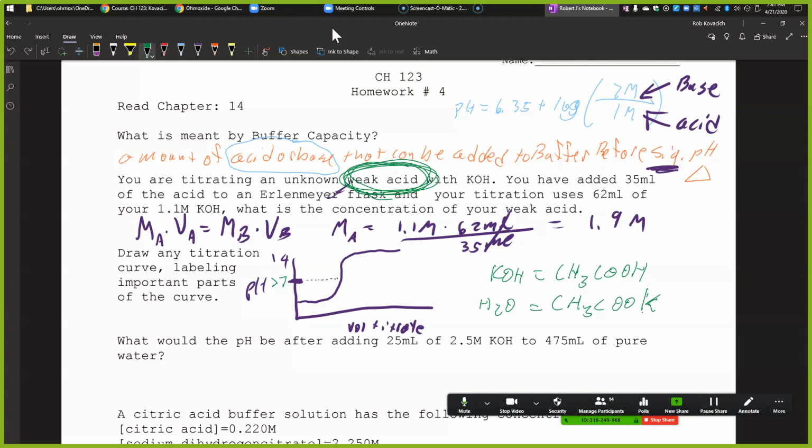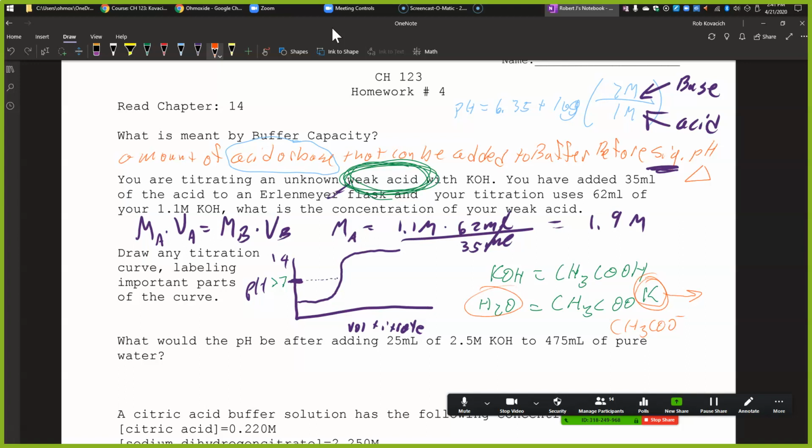So what's going to happen here? The K is not really attached, right? Because it's potassium. And so what's left behind in the water is some water, a spectator ion, and CH3COO negative, which is going to do what?